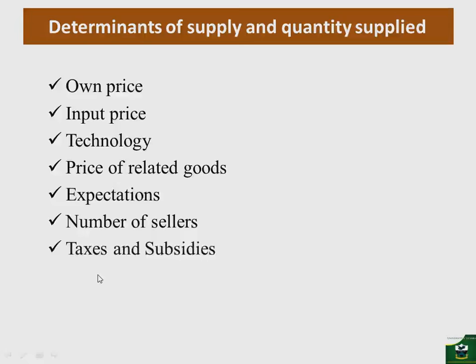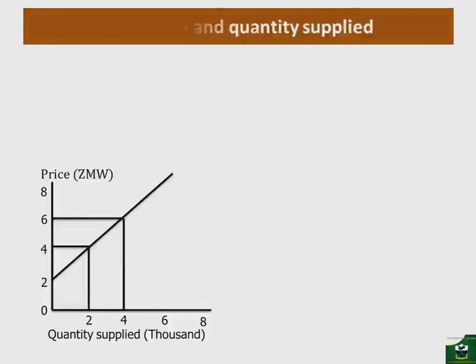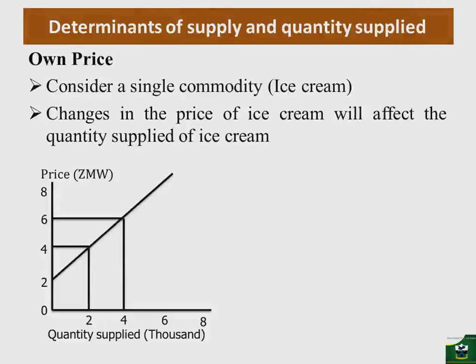Okay, let's begin with own price of a given commodity. So if we assume ice cream, we note that changes in the price of ice cream will affect the quantity supplied of ice cream and not the entire supply, which means that changes in own price will affect the quantity supplied, but it will not affect the supply in general. So you will notice that if price increases from 2 to 4, quantity supplied increases to 2,000.